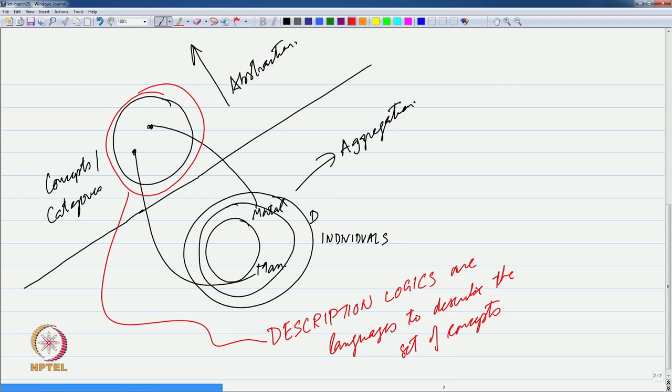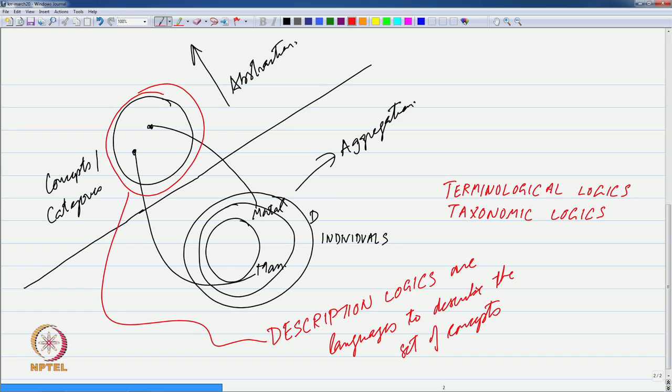They have also been called terminological logics or terminological systems, or languages, or some people call them taxonomic logics, because essentially they focus on the concept of concepts and the relation between concepts.